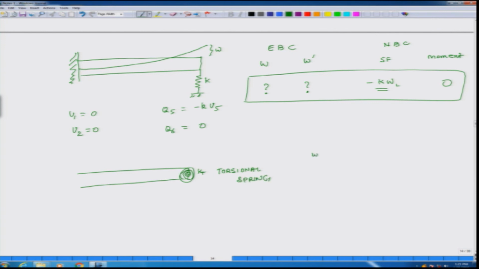In this case again, W is unknown, W prime is unknown. Shear force, I am not putting explicitly any shear force, so that is 0, but moment is equal to what? Rotation, which is U6 times Kt, and it opposes the rotation, so it is minus. So, suppose the torsional stiffness is Kt, then this is there.